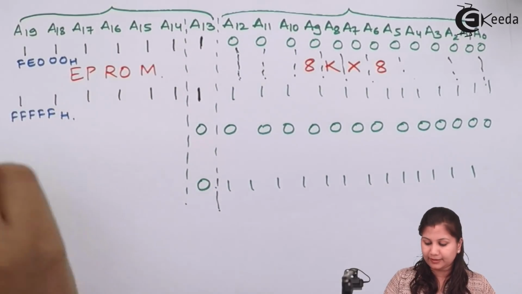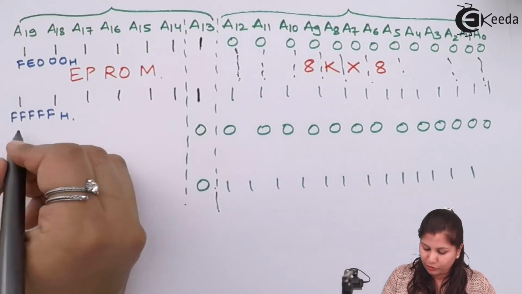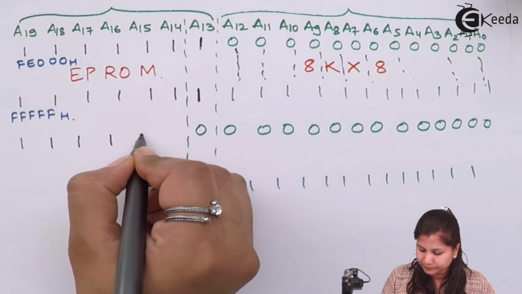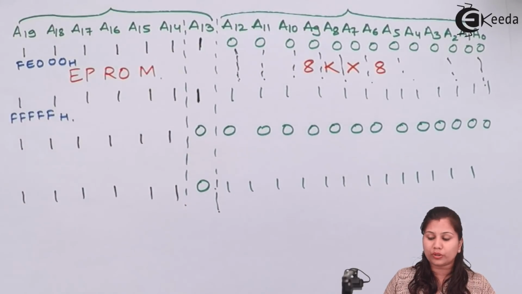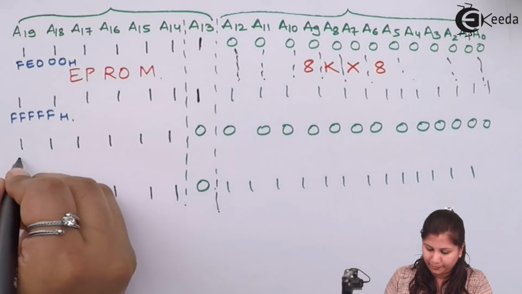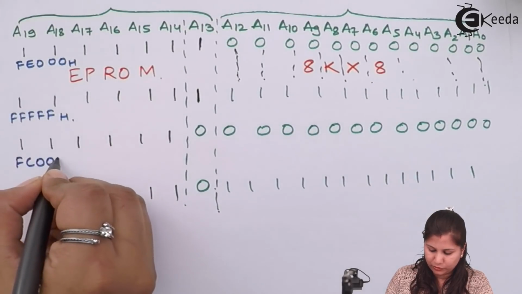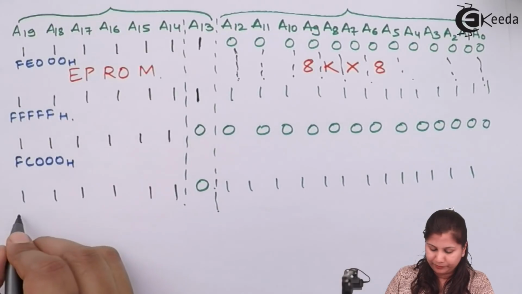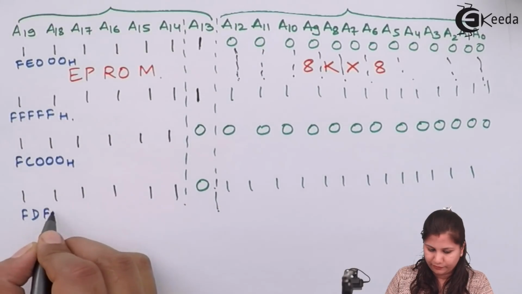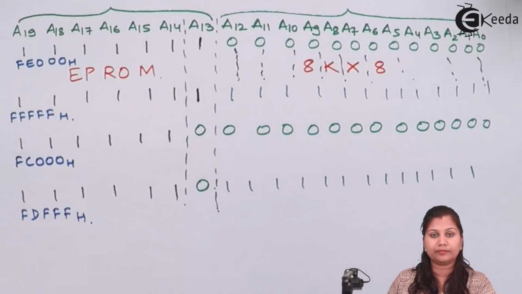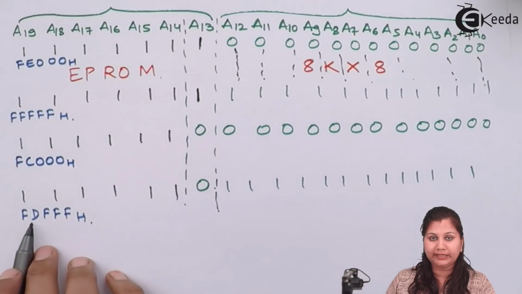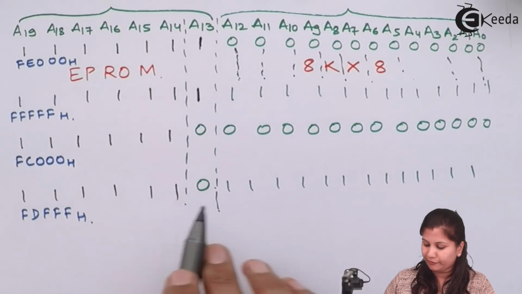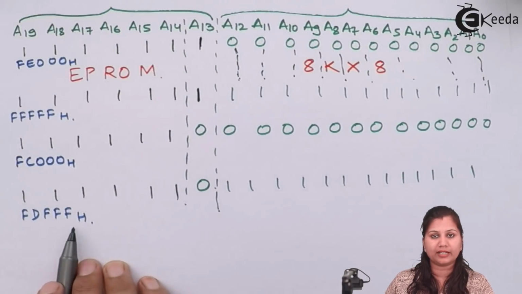Also these lines A19 to A14 will be at logic 1. So if we calculate, the address will come out to be FC000H, and this will be FDFFFH. 1111 for F, 1101 for D, then again 1111 for F, and so on.